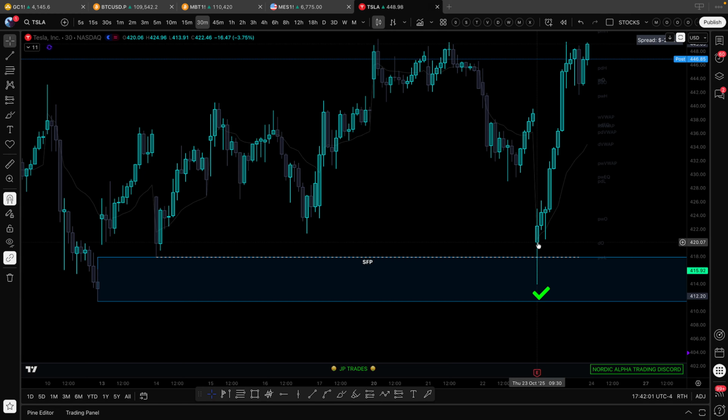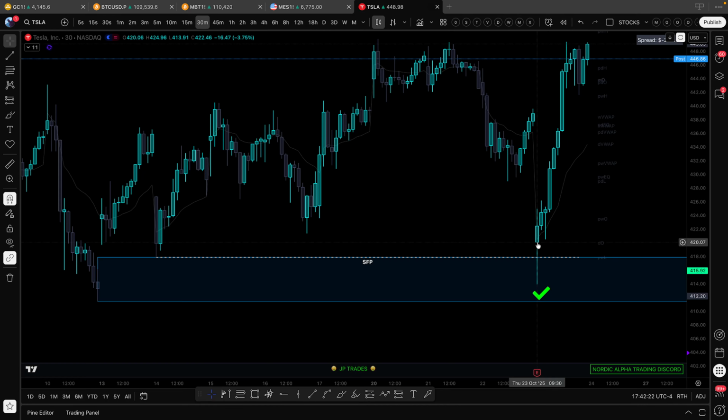So the first way you could have traded this on the 30-minute is once you breach this SFP, meaning you breach this low, and then the candle moves all the way back up and closes above this SFP low, that is confirmation of your SFP.